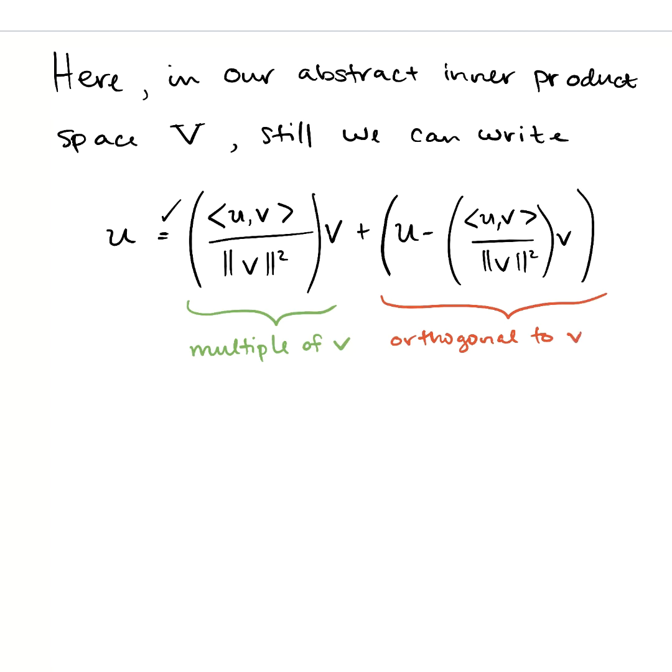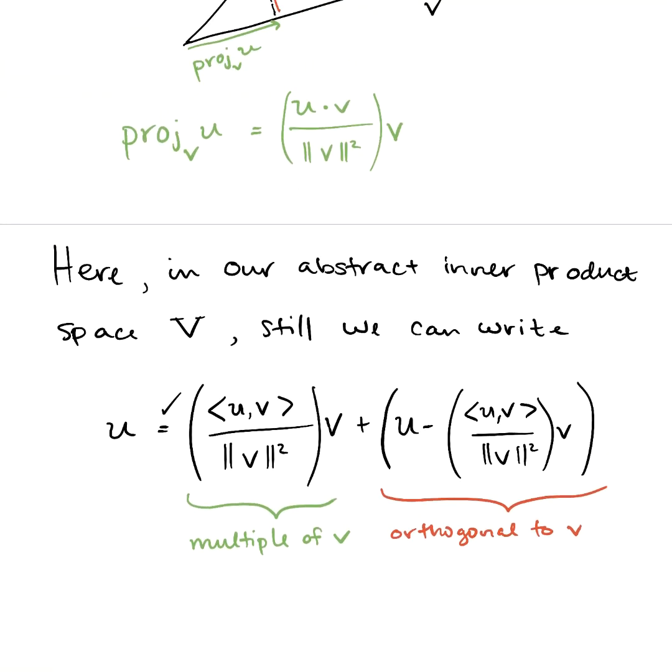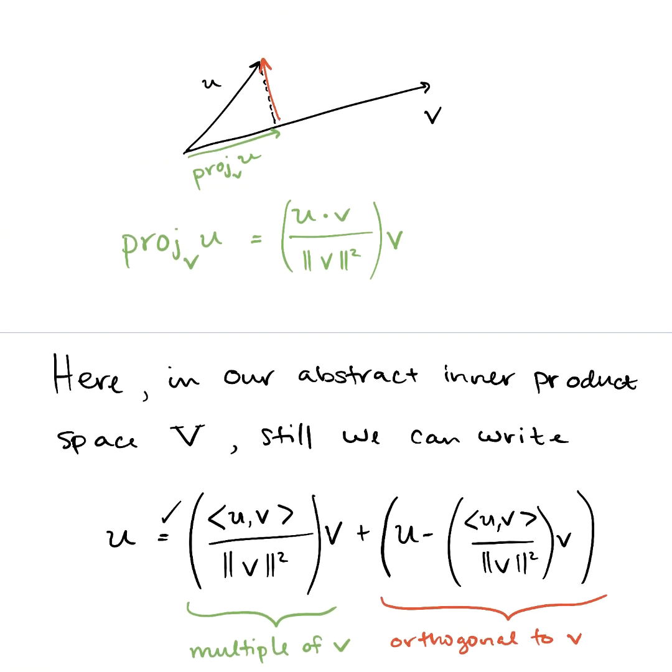If you take the inner product of that red piece with v itself, you will get 0, and I invite you to do it. It's fun to check and see all the algebra settle and have that inner product come out to 0 before your eyes. So this is an orthogonal decomposition of u into two pieces, one parallel to v and one perpendicular to v. And it goes with the old Calc 3 picture that we were looking at right here.